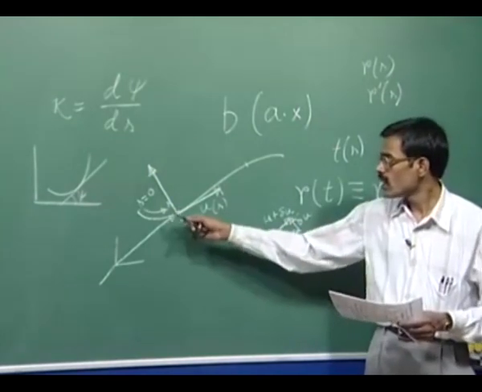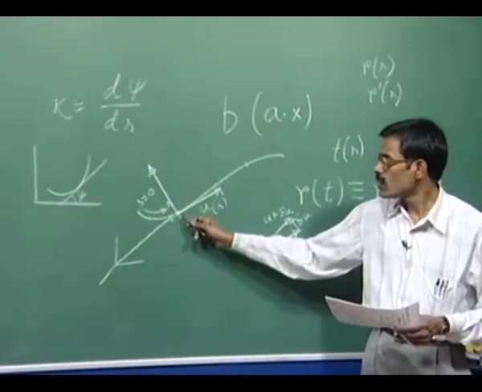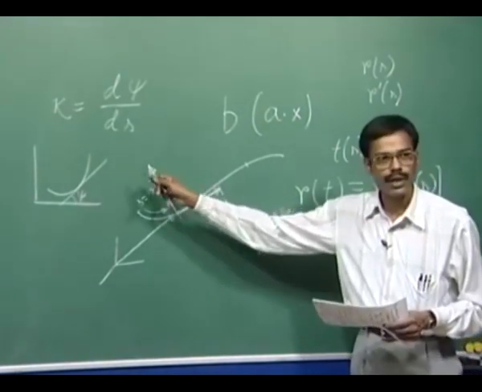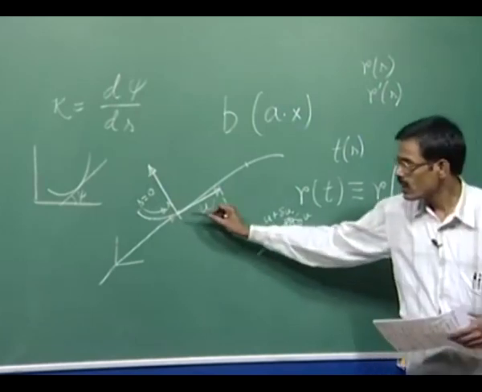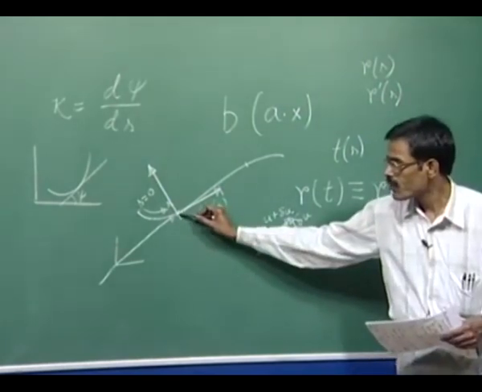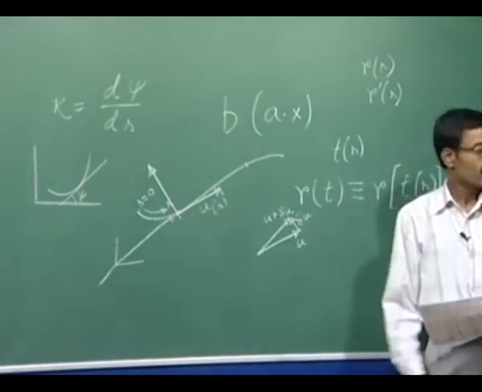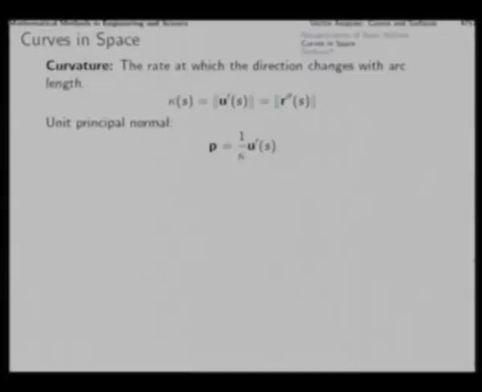Otherwise, if there is a turn, then it will be towards the interior of the turning. So, this vector is a normal vector to the curve at this point. Okay. And as we know, its magnitude is defined as kappa. So, its direction, the unit vector along this direction, which is found by dividing u prime by kappa, that is called the unit principal normal.